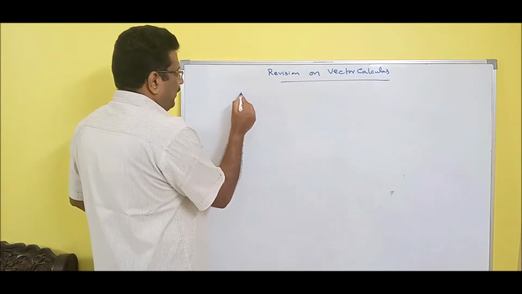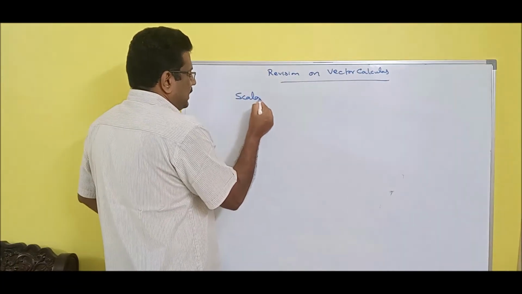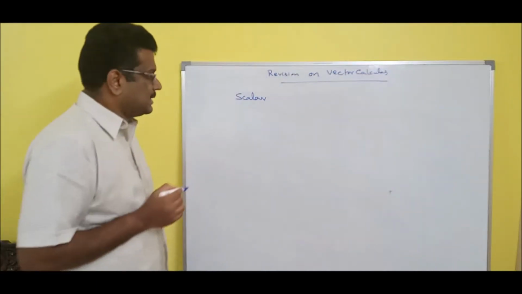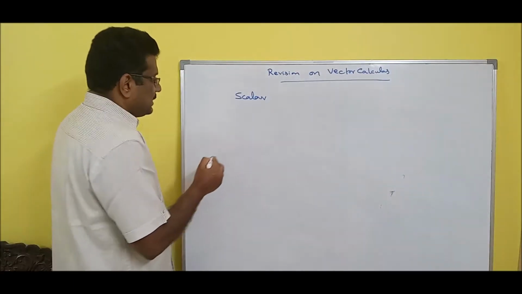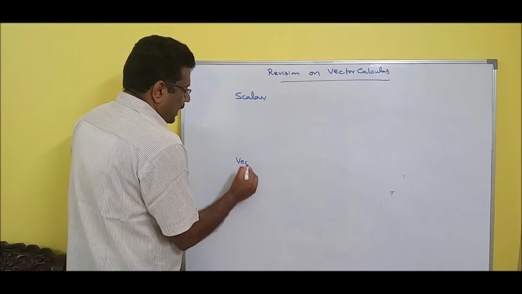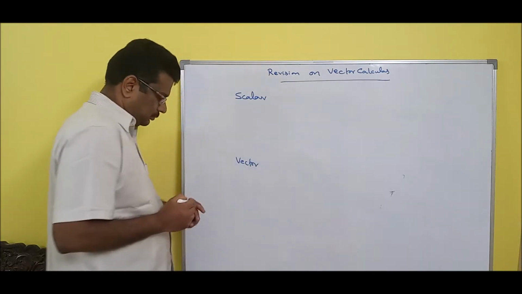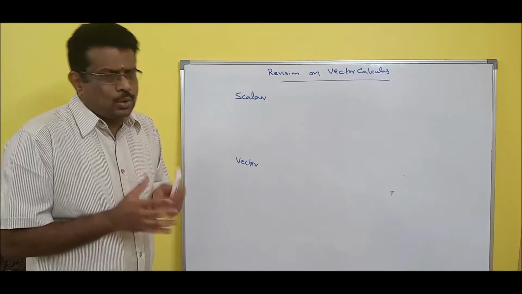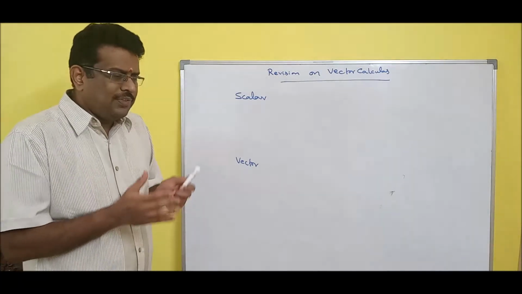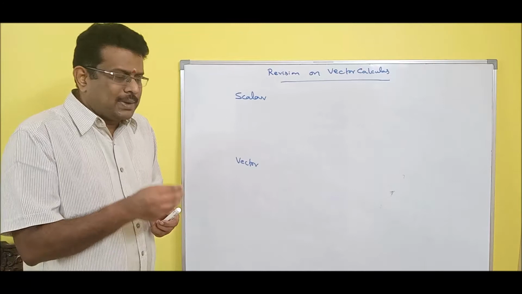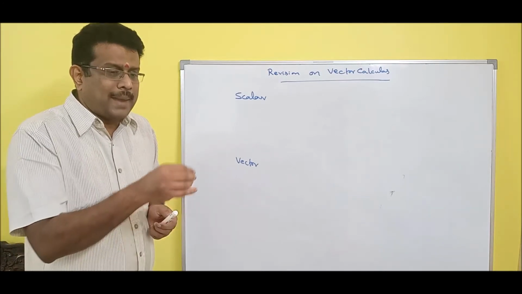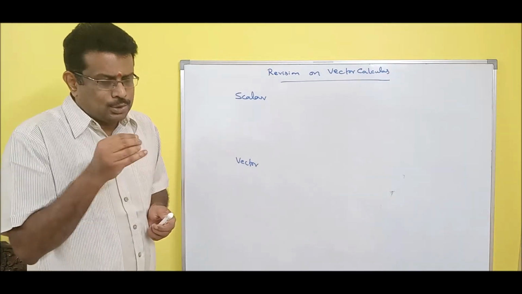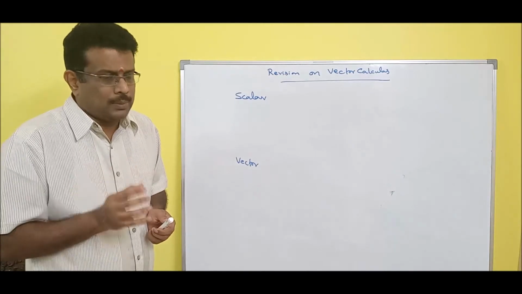So we classify two major physical parameters as scalar and vector. A general definition which you know. I told already, please make the notes.